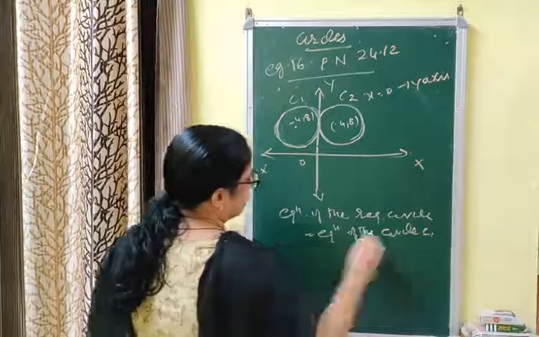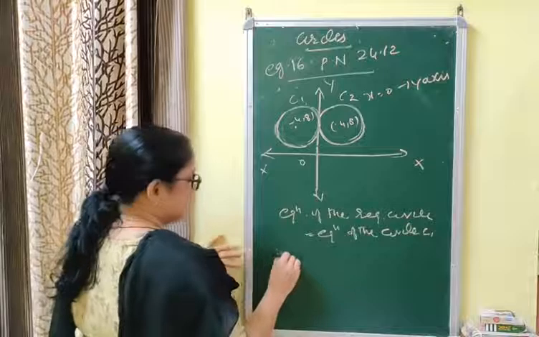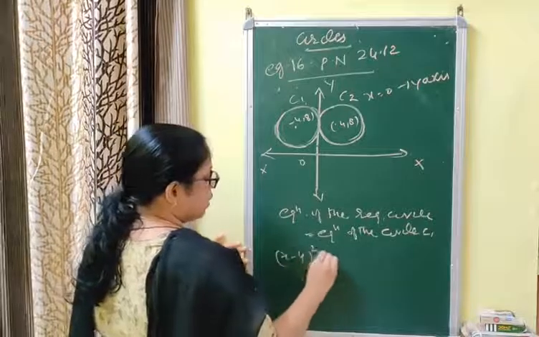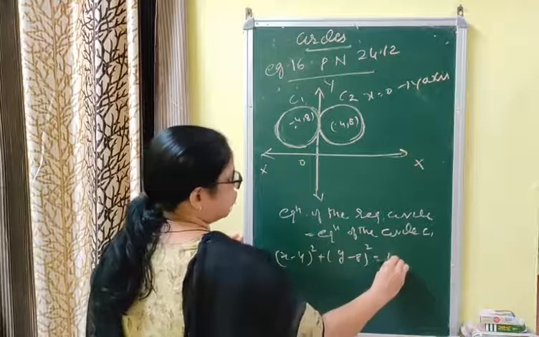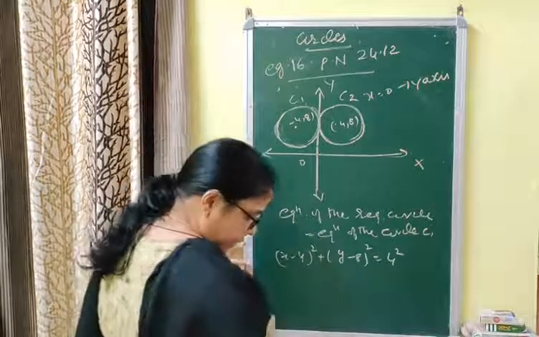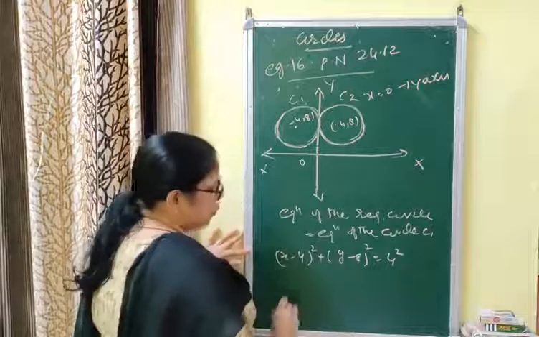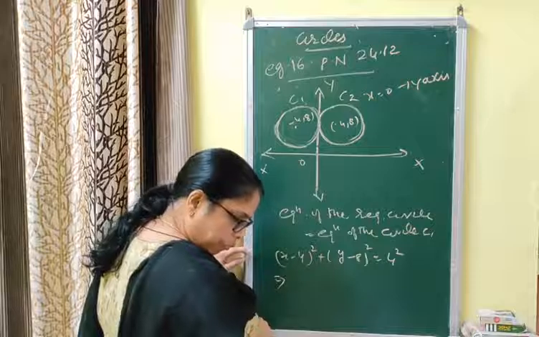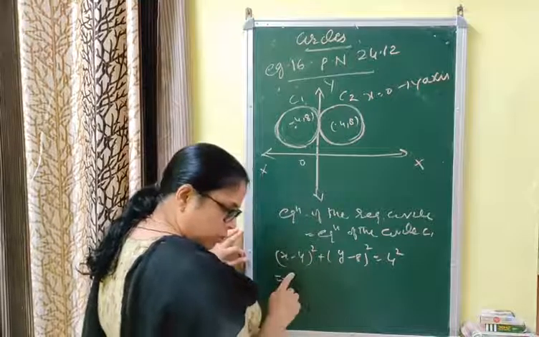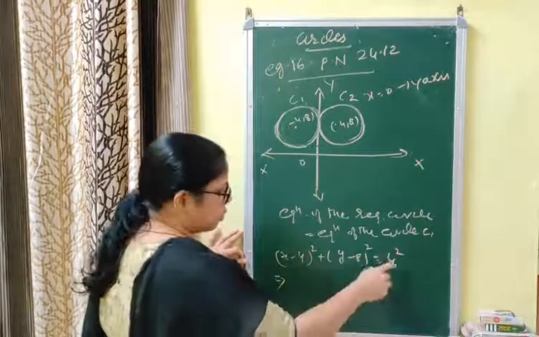For the circle C1, using the center form, you get (x minus 4) whole square plus (y minus 8) whole square equal to 4 square. Since the radius will remain the same, let me check, (x minus 4) whole square plus (y minus 8) whole square equal to 4 square.